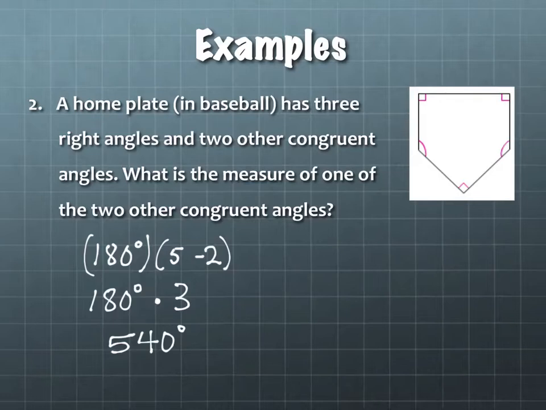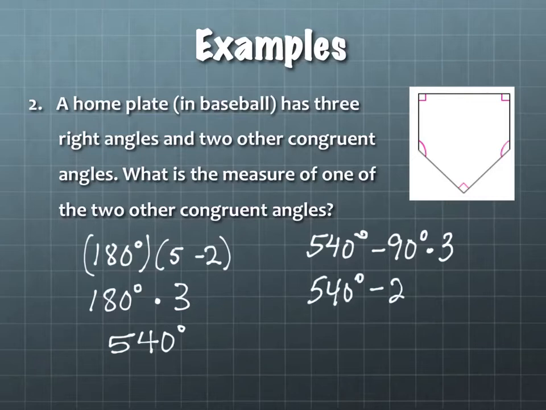But we actually know 3 of the angles already. They're all 90, right? So we can take that 540 and we can take away 90 times 3 if you wish. So we have 540 minus 270. What does that leave us with? 270. So that's the measure of the angles that are remaining.